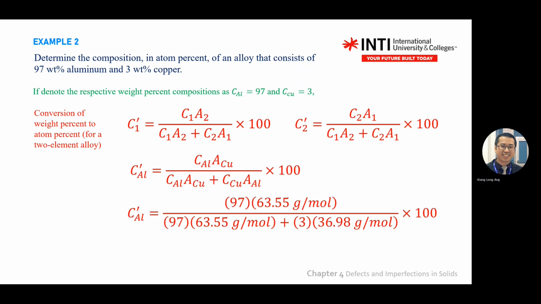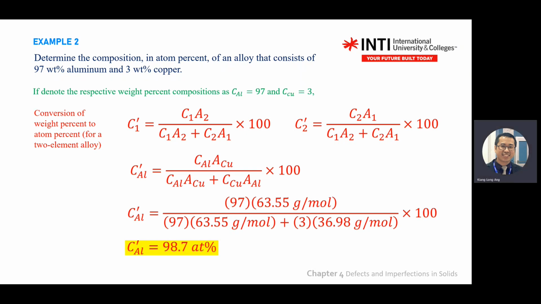Then C of Al is 97, copper 63.55, Al is 26.98 gram per mole on the periodic table. Percentage of copper is 3 weight percent. Press the calculator, you will get 98.7 atomic percentage. So once you get the atomic percentage for aluminium, you should be able to find copper.